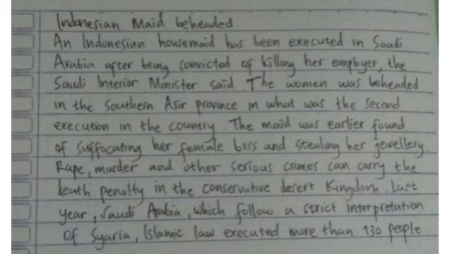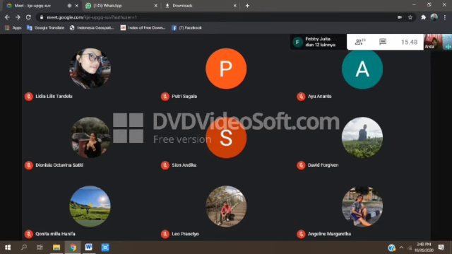Rape, murder, and other serious crimes can carry the death penalty in the conservative Desert Kingdom. Last year, Saudi Arabia, which followed a strict interpretation of Sharia Islamic law, executed more than 130 Okay, now people. change the position.